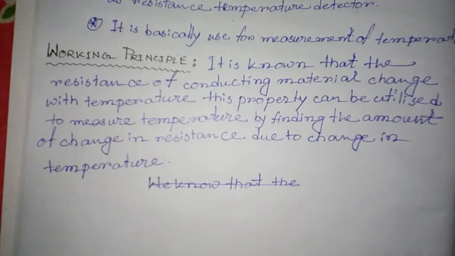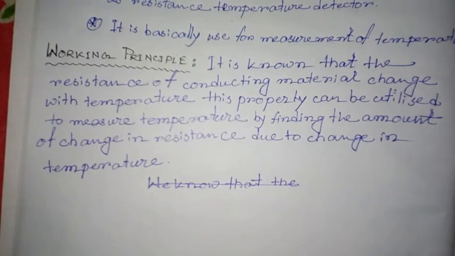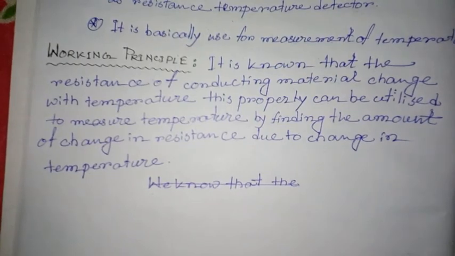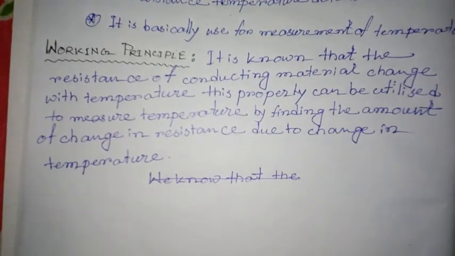Now this resistance not only depends on current but also depends on temperature. When a conductor is heated up, that means thermal energy is provided to the conductor, then due to thermal expansion the electrons, because the flow of current is the flow of electrons, the flow of electrons increases.